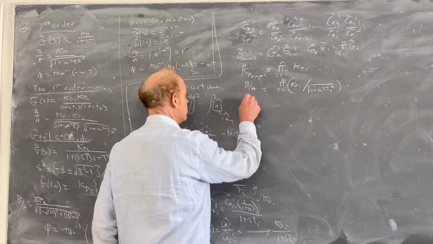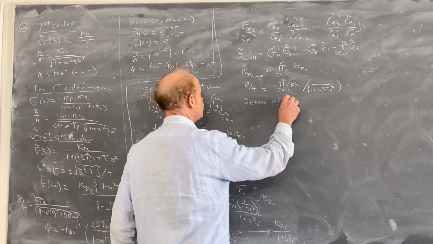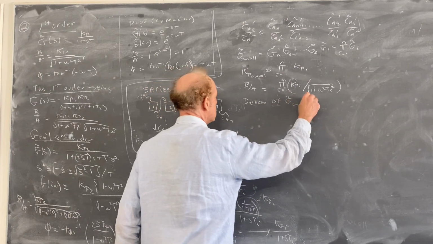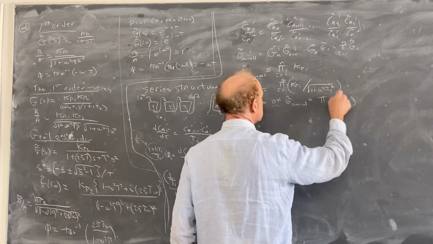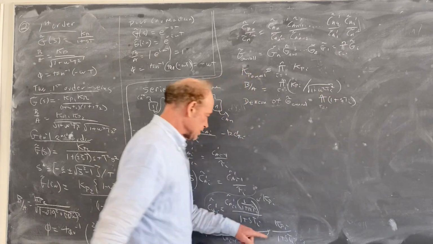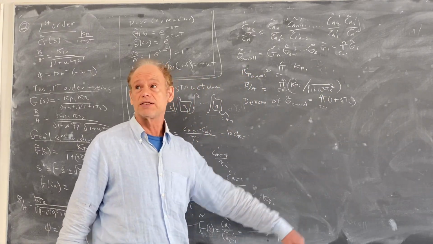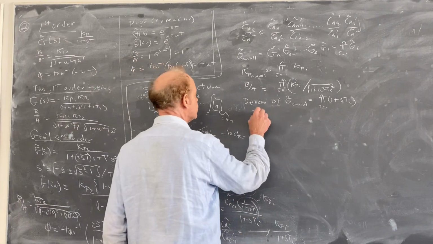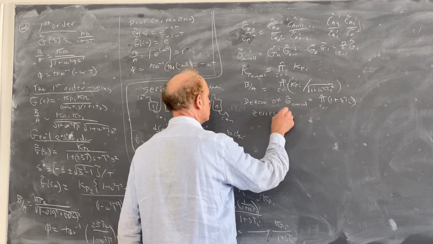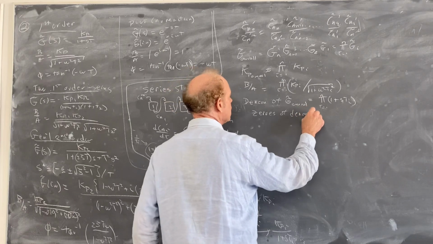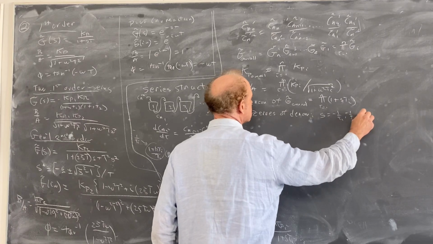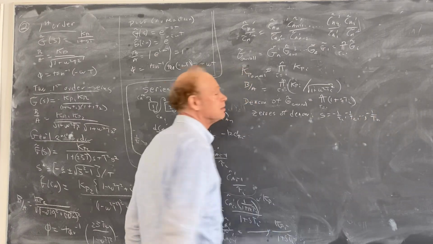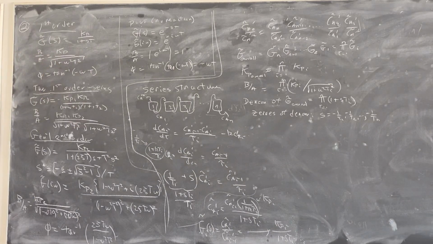So the denominator of G overall is just the product of 1 plus S Ti, because I'm doing this for 1, 2, 3, etc. That tells me the zeros of the denominator, which determine the stability, are just S equal to minus 1 over T1, minus 1 over T2, minus 1 over Tn. So if each of the individual ones is always stable, then the whole thing is always stable.